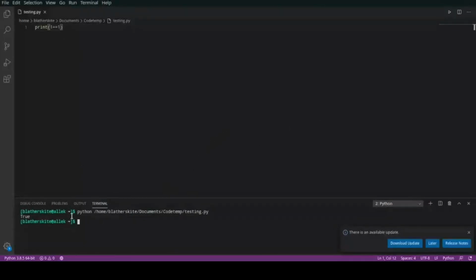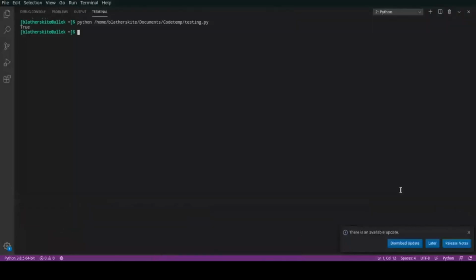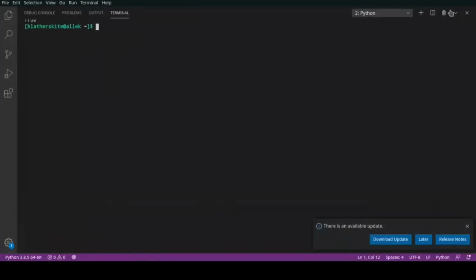If you look at the output at the bottom, it turns out that 1 is equal to 1. So in a computer program, we usually ask these sort of mathematical yes/no questions to the computer. In this case, we did 1 equals equals 1, but usually you'd be comparing variables to some number or some string. You can do it with strings too.